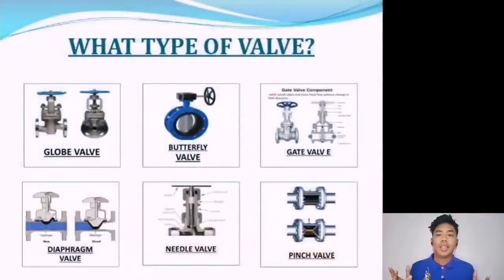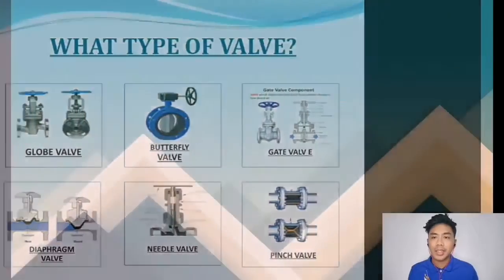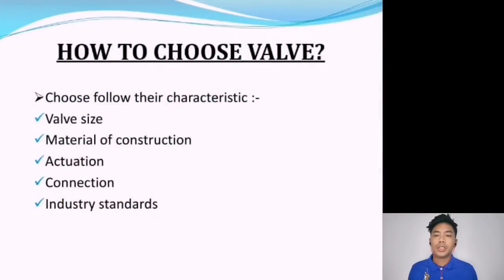Next, what types of valve do we have? This slide shows the most common valves used in industry. First, we have globe valve, butterfly valve, gate valve, diaphragm valve, needle valve, and hinge valve. Next, how do we choose the valve?